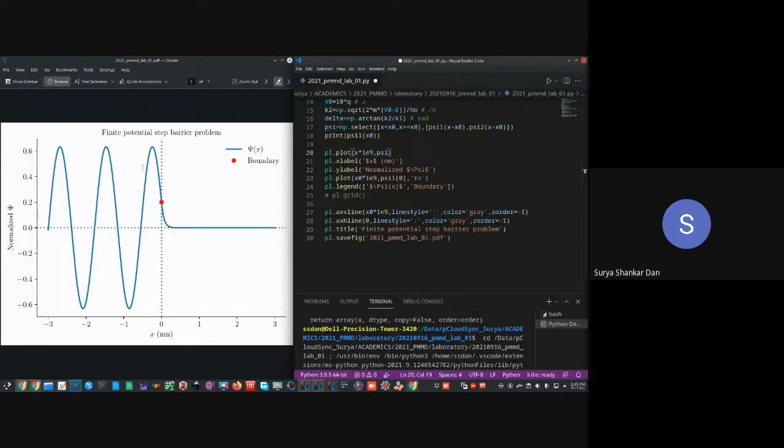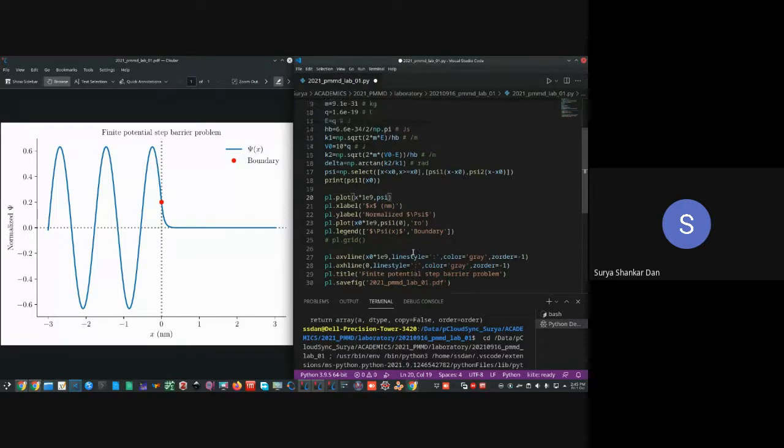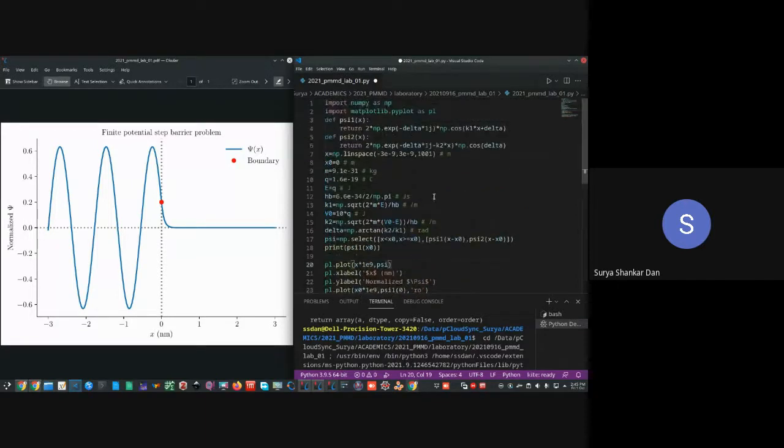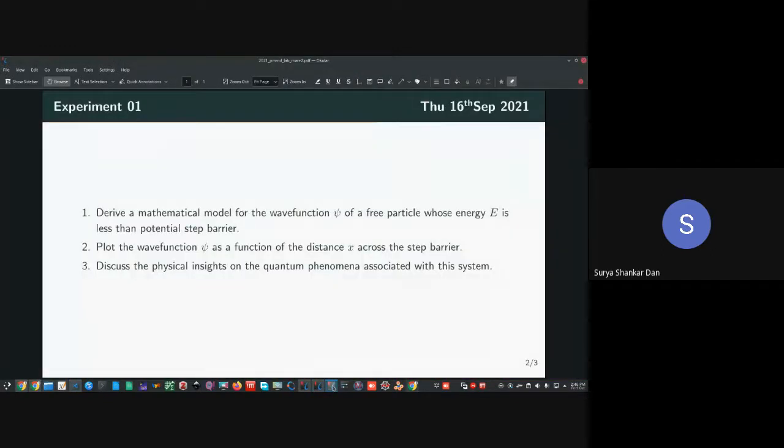Okay, the point where psi 1 is essentially crossing the 0 value. Okay, very good. These vertical lines are essentially to annotate the axis. This is the title. That's okay. Now, this is how I have written the program. This is, of course, my version. You will have different versions also.